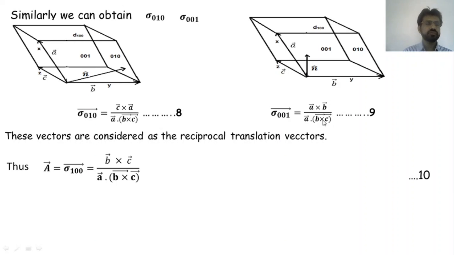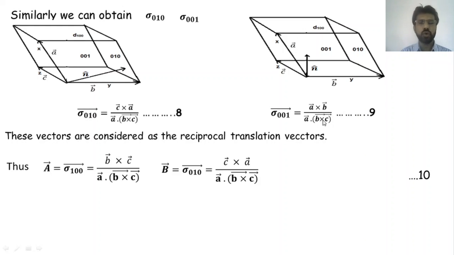Therefore we can represent these vectors by vector a, vector b and vector c. The vector a is equal to the vector sigma 100, which is equal to the vector b cross vector c divided by the vector a dot, in brackets, vector b cross vector c.